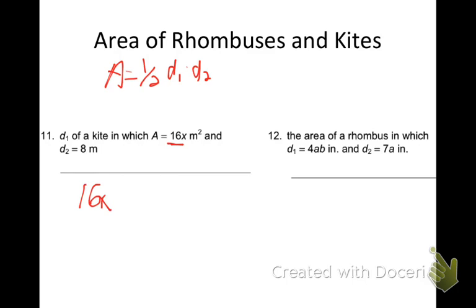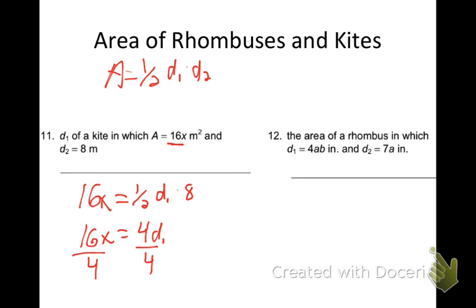16x. So 16x equals 1/2 D1 times 8. Right? Is everybody good with what I did here? I just plugged everything in. What's a half of 8? So I have 16x equals 4 times D1. I'm going to solve for D1 here. What am I going to do next? Divide by 4.